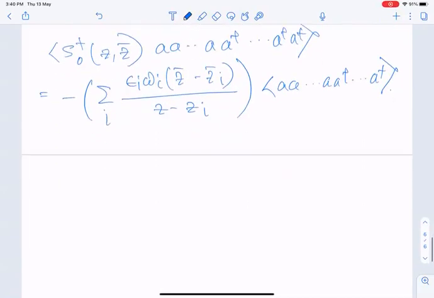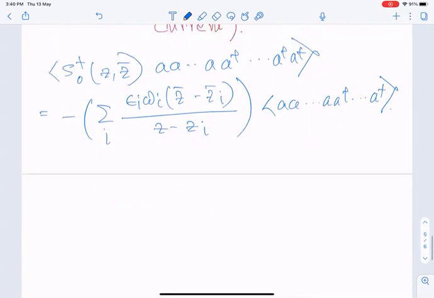Okay, so I do the Mellin transformation, and I also introduce the u. So this becomes S plus 0.